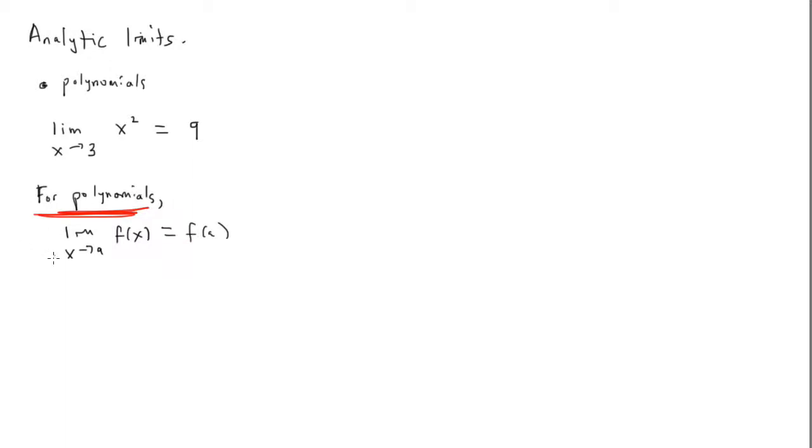Now, this isn't the only set of functions for which you can do this. You can also do it for radicals or functions like that. Let's say that you have a composition of functions, and the outer function is somehow nice.